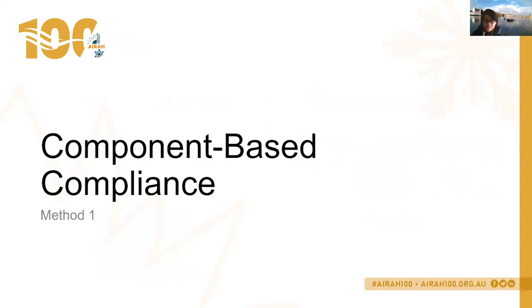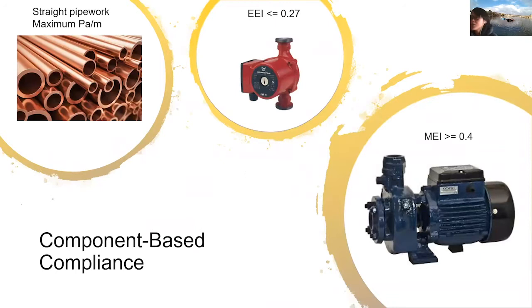So let's go through the first method now, which is your component-based compliance. As I mentioned before, when you're looking at your component-based compliance, there's two parts to it. So you have your pipework requirements, which only apply to straight pipework.